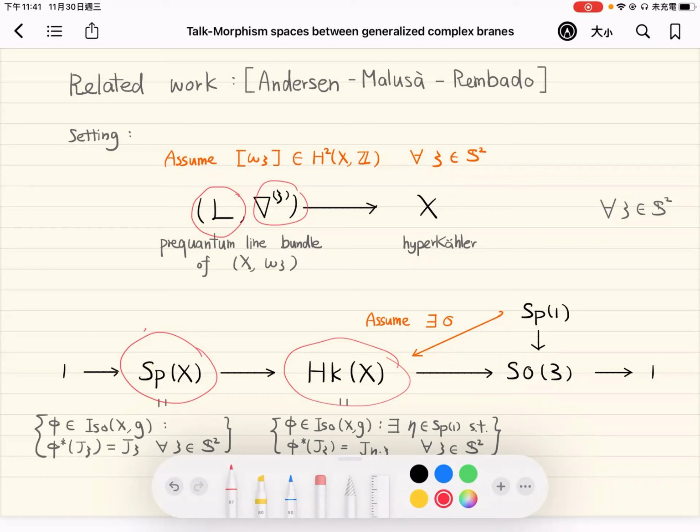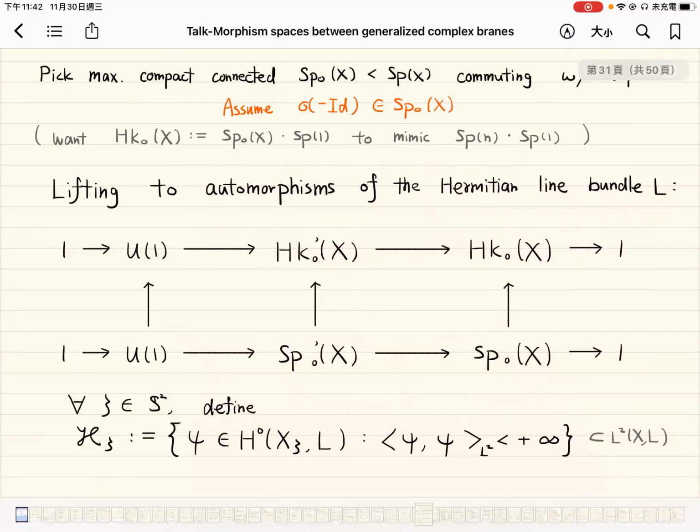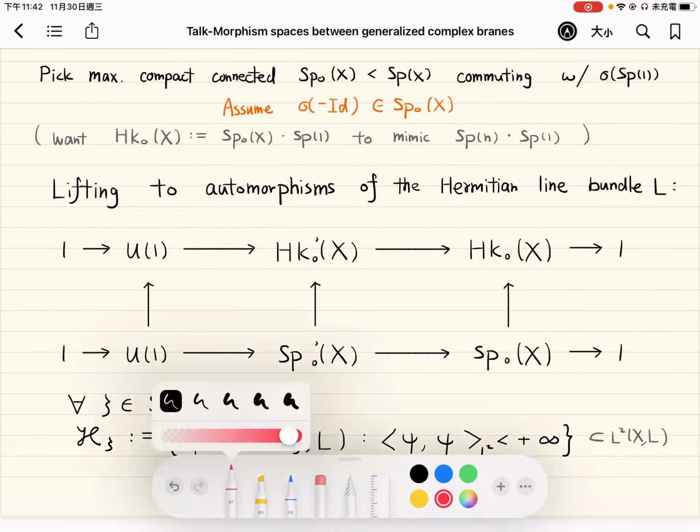And there's a double cover, of course, of SO3, which is the SP1, and then they assume that there is an action of SP1 on X in the form that we can find an embedding of the SP1 to the group HKX here. So for their setting, they pick a maximal compact connected group of the SPX, commuting with the image of the SP1.